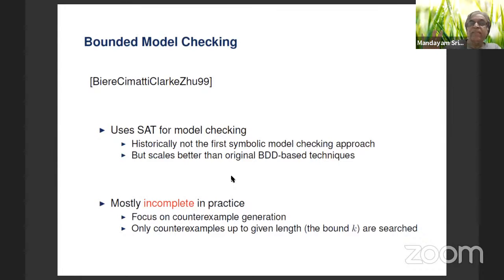Then several methods came about to make this kind of model checking complete, without actually doing the existential quantification elimination in every step. So that is the chronology of the thing. We will first see what bounded model checking is and how it uses SAT solvers in an effective way.